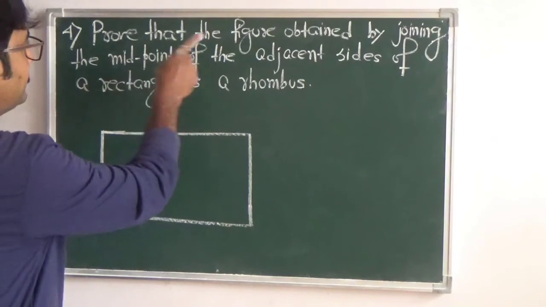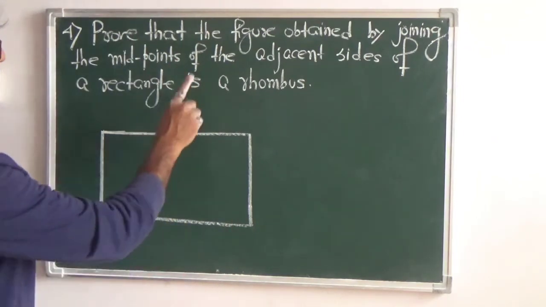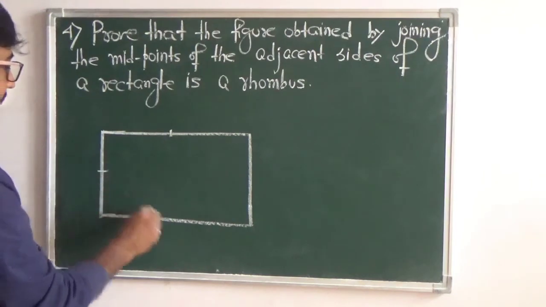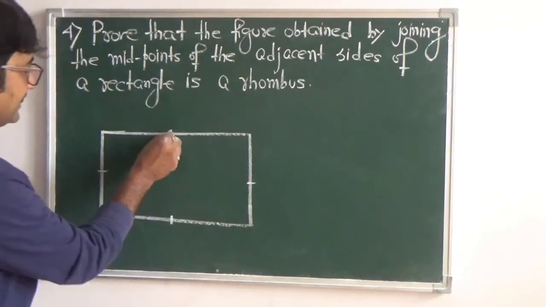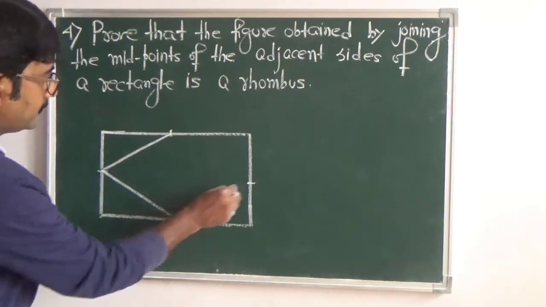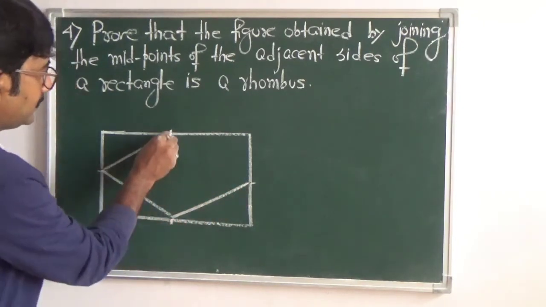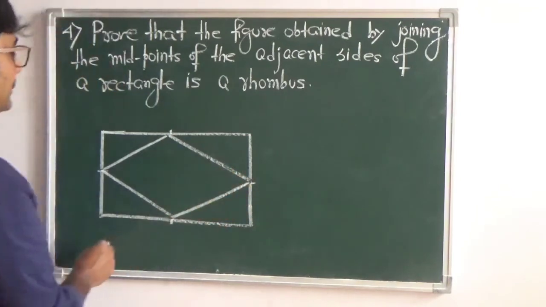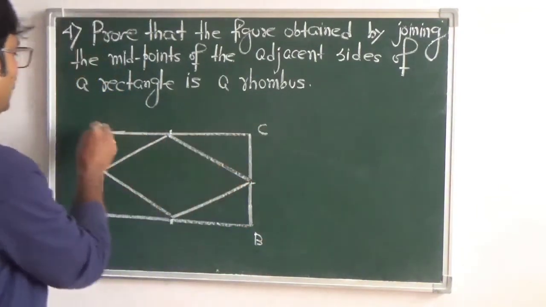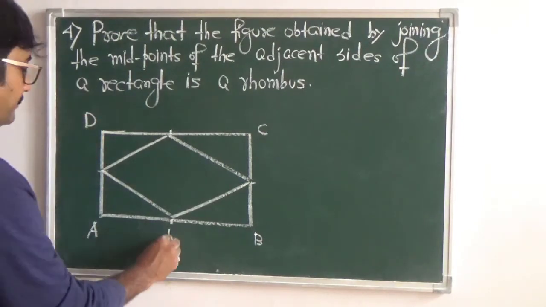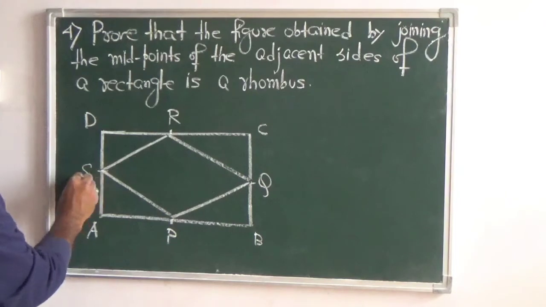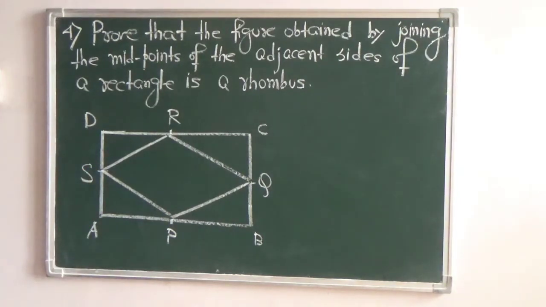Now according to this question, if these are the midpoints of the adjacent sides of the rectangle and you join these midpoints, suppose you take the rectangle ABCD, and P, Q, R, S to be the midpoints of the sides AB, BC, CD and DA.